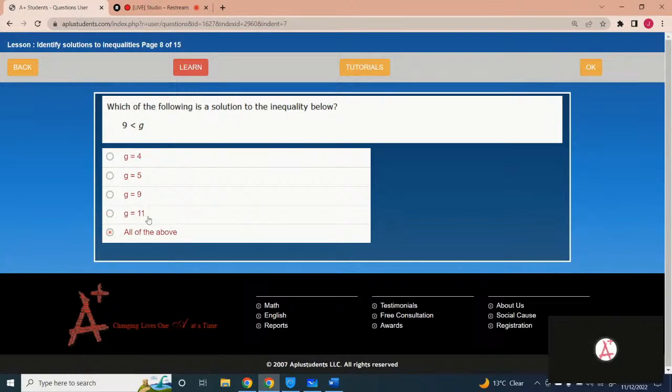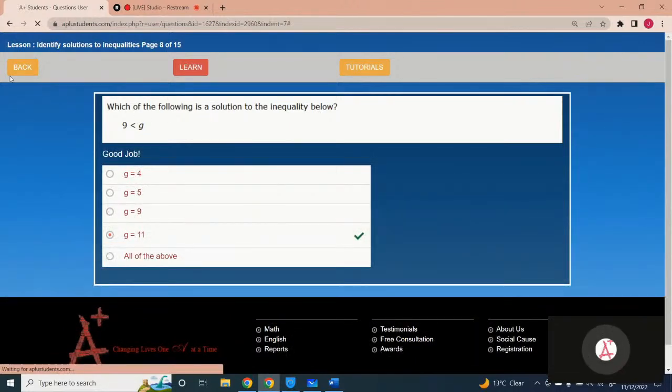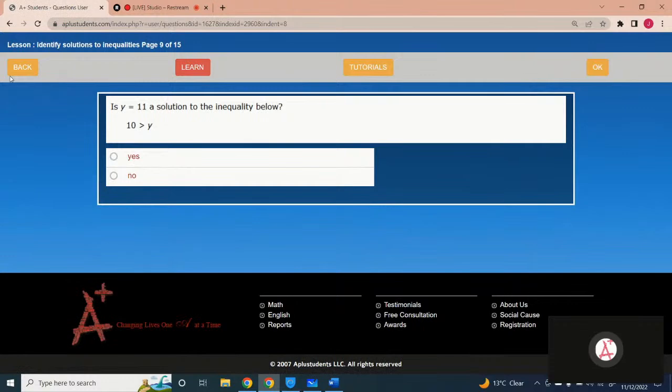Got it? So select the correct option and then click on the OK button. Okay, you can complete the test by yourself later today. Let me just move on to the next topic.